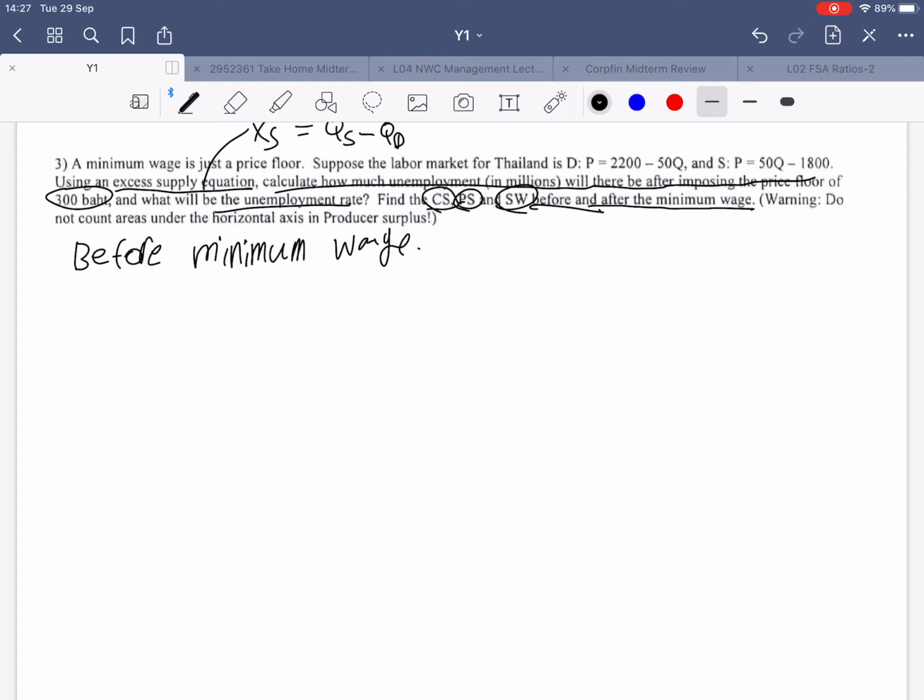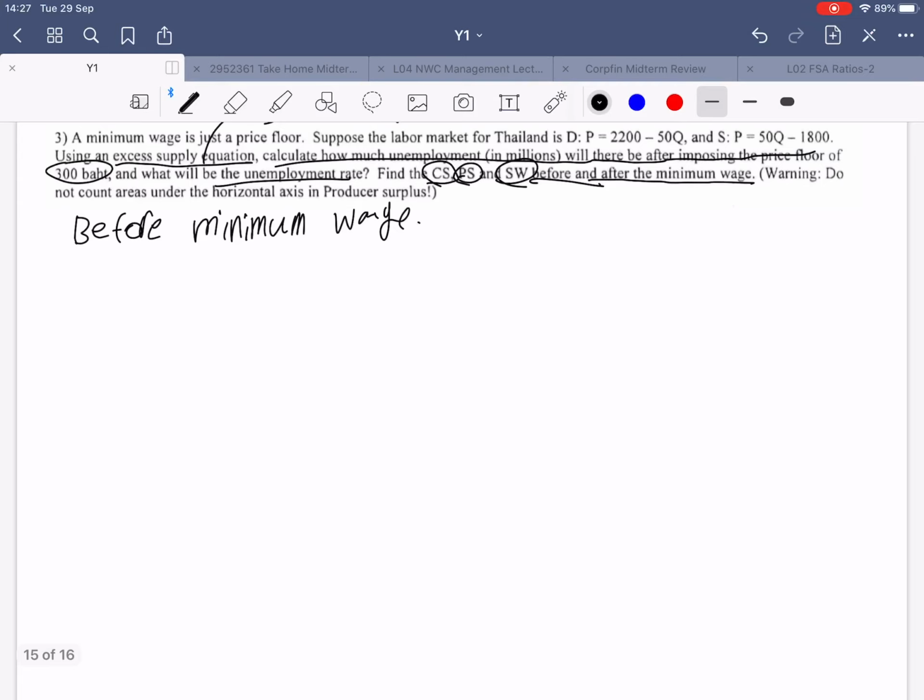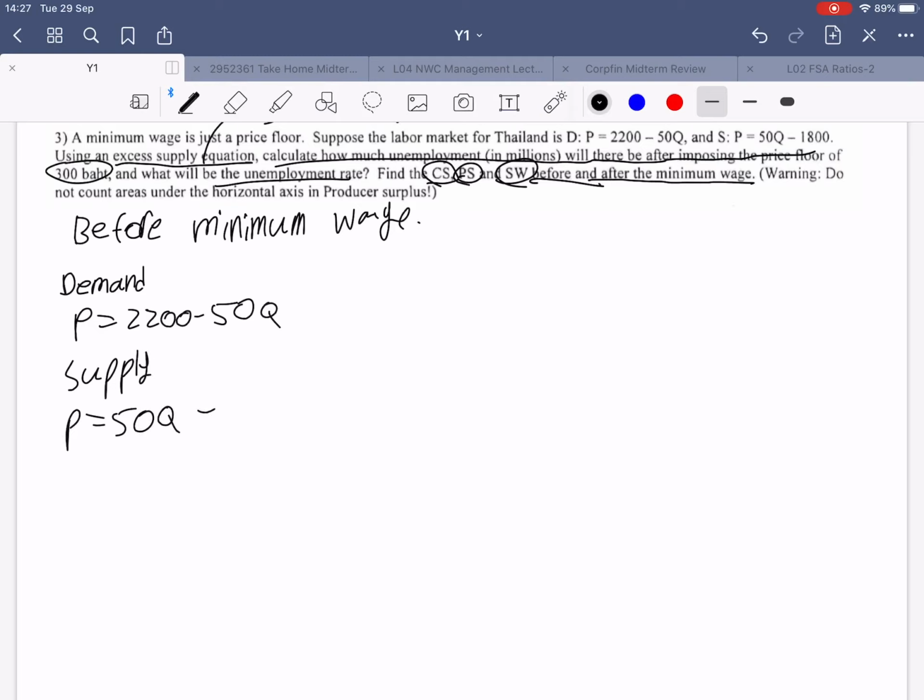For the given, first we are going to start with drawing a graph with the given information, which are for demand P equal to 2200 minus 50Q, and for supply it is going to be P equal to 50Q minus 1800.